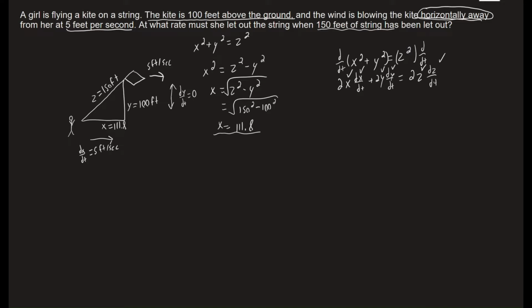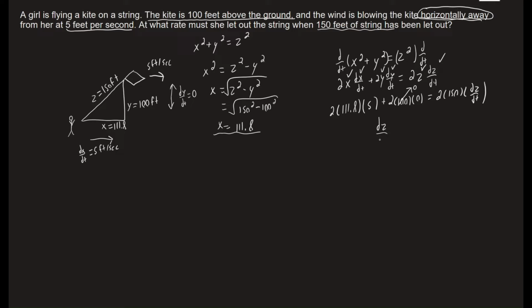So now we could plug in some numbers. So 2 times 111.8 times 5 plus 2 times 100 times 0 equals 2 times 150 times dz over dt. So this whole thing will be 0 because it's multiplied by 0.